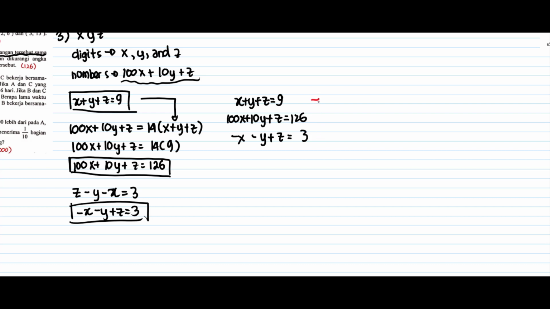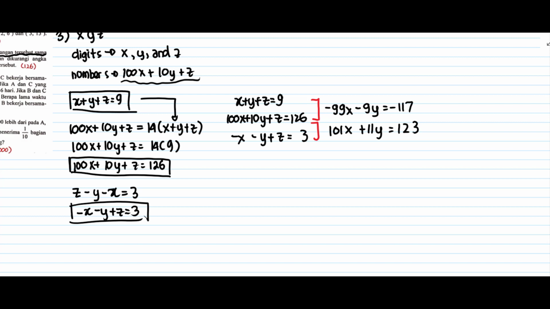Yang ini kurang ini, hasilnya apa? 1 kurang 100 minus 99x, 1 kurang 10 minus 9y, ini kurang ini hasilnya minus 117. Jangan ceroboh ya. Terus yang kedua, yang ini sama yang ini juga harus dikurangin, jadinya 101x ditambah 11y sama dengan 123.